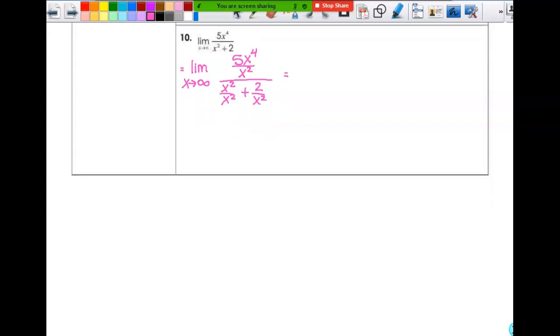Then I'm going to simplify. So I still have my limit as x approaches infinity. Numerator is going to give me 5x squared. Then this will give me 1 plus 2 over x squared.